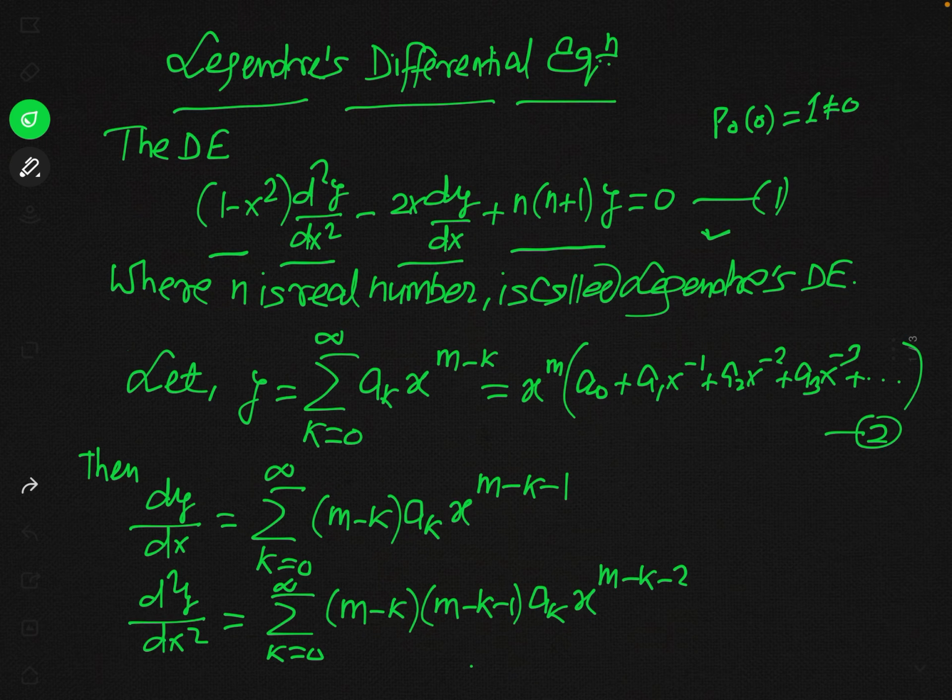Earlier, in the problems we have discussed, we have always selected the solution in series of ascending powers of x. But this equation may be solved in a series having ascending or descending powers of x, and the solution in descending power of x is more important whenever our concern is a particular physical problem.